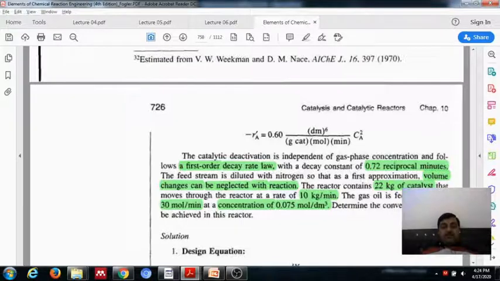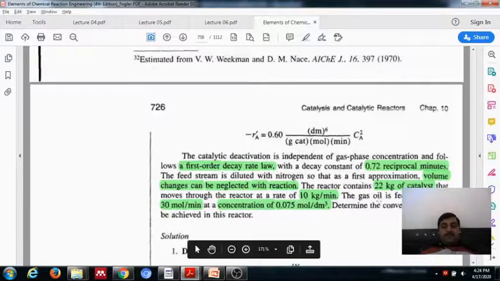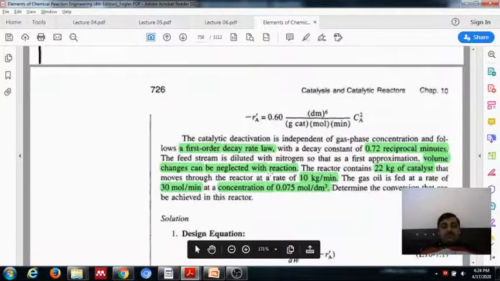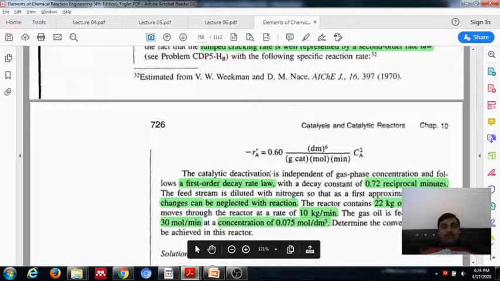So the mass velocity of the catalyst is given. It is fed at a rate of 30 moles per minute, so the molar flow rate is given. Concentration CA0 is also given. So you need to find out the conversion that can be achieved in this reactor.